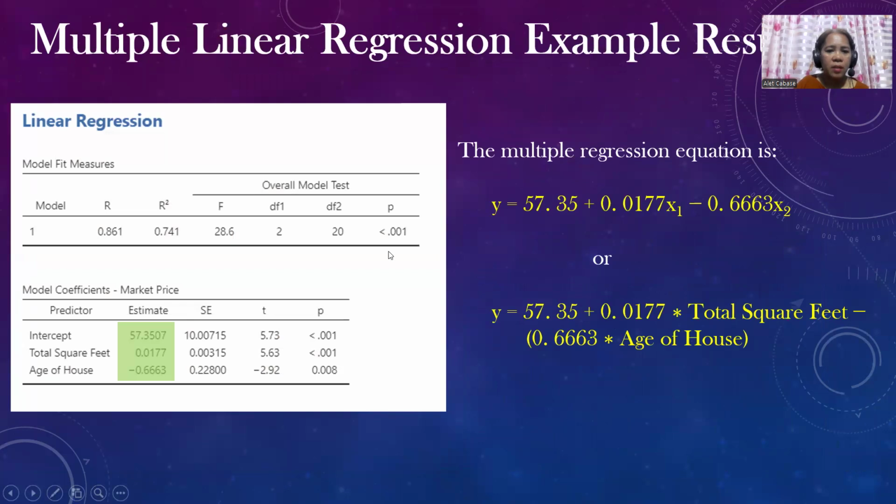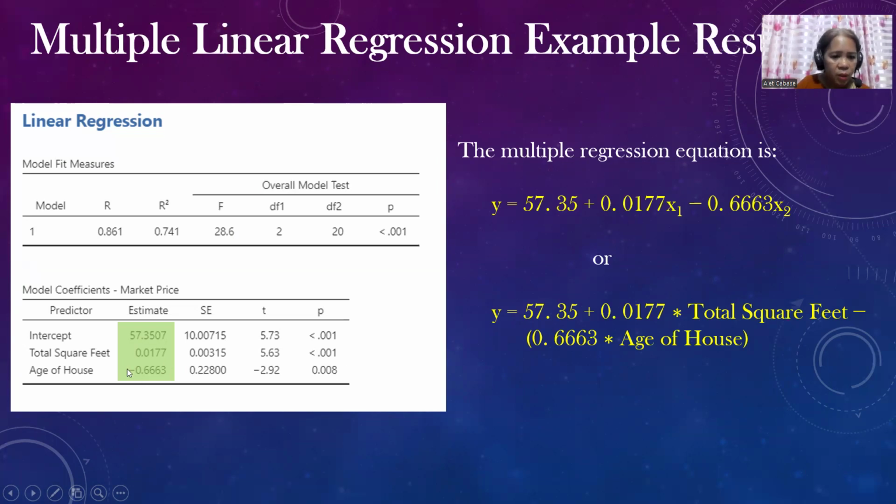The result generated here, so the multiple regression equation is y equals 57.35, so this is the y-intercept, plus 0.0177 x1. So this is the slope, minus 0.6663 times x2.